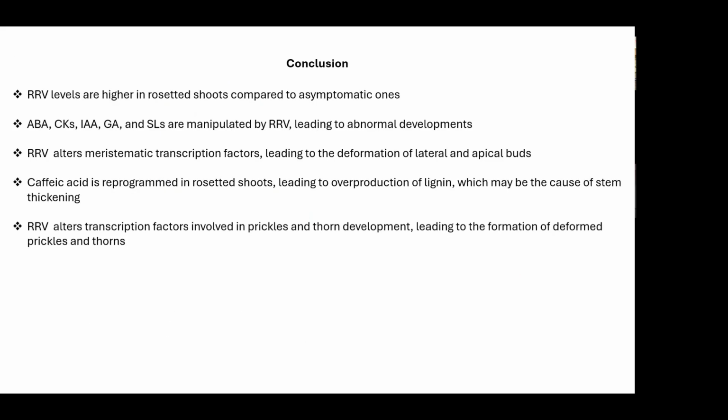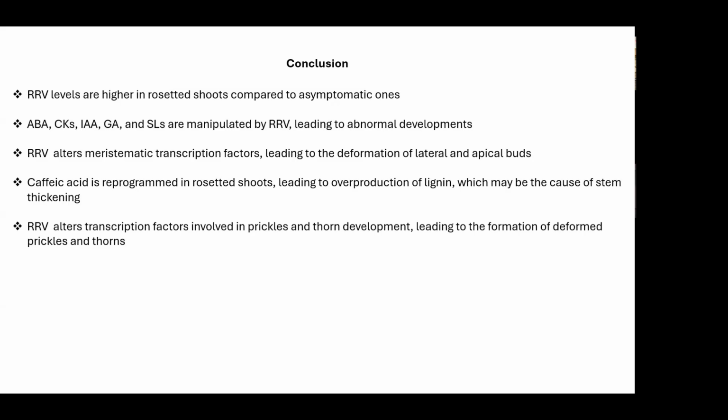So the conclusion from this talk is that RLV levels are high in symptomatic shoots compared to asymptomatic shoots. The levels of ABA, cytokinin, auxin, gibberellin, and strigolactone are manipulated by RLV, as we have seen, leading to abnormal development. RLV also alters the meristematic transcription factors, leading to deformation of lateral and apical buds.